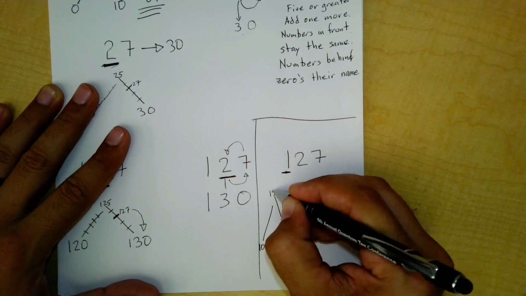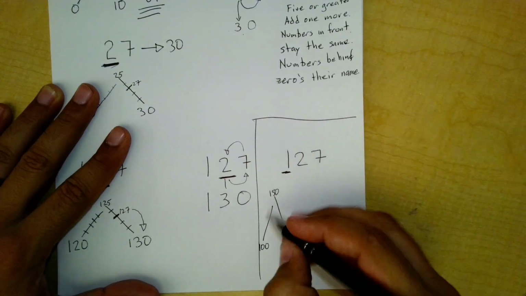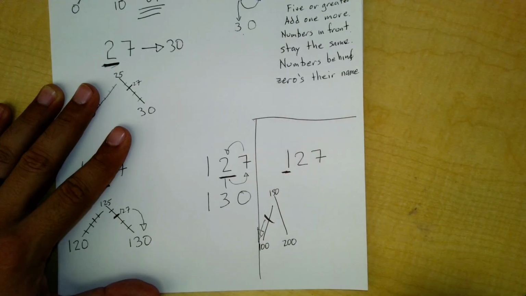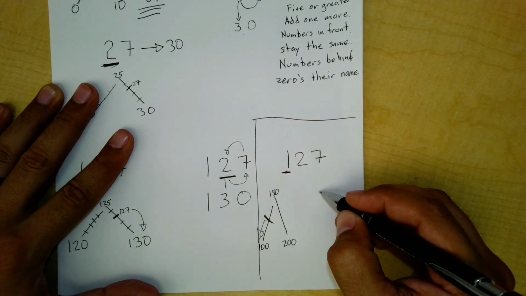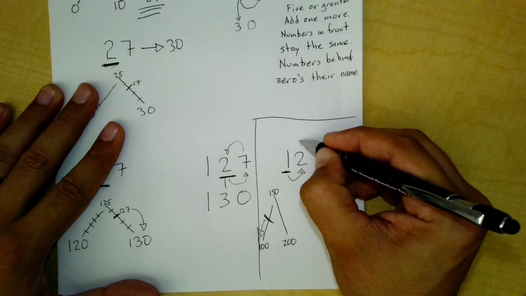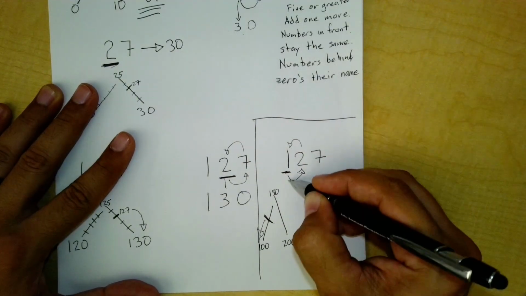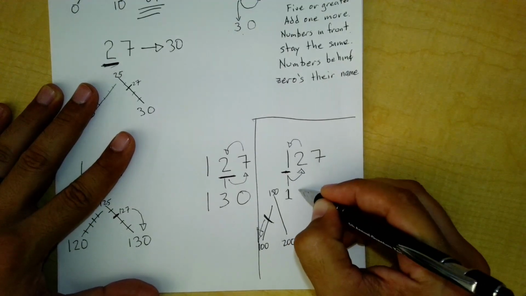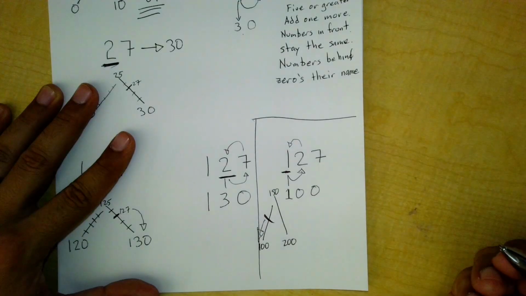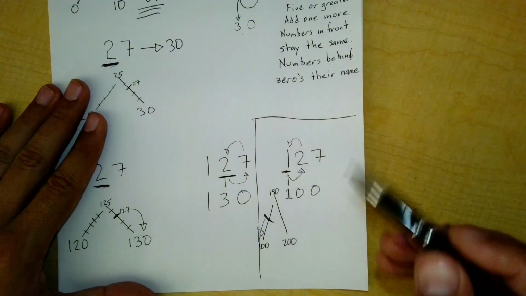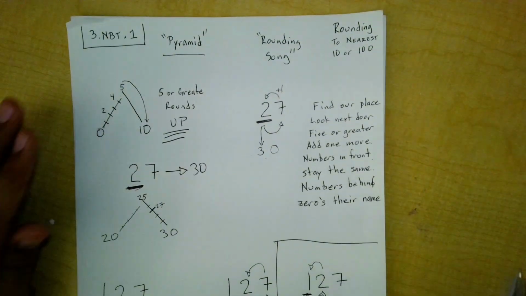And in the middle is 150. 127 is going to be on this side, so it'll fall back to 100. The poem, we could find our place, look next door. Is it 5 or greater? No. So we don't add one more. Numbers in front, there aren't any. Numbers behind, zeros their name. So, pyramid or poem, rounding works with whichever strategy you use.